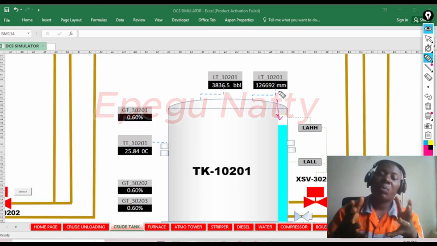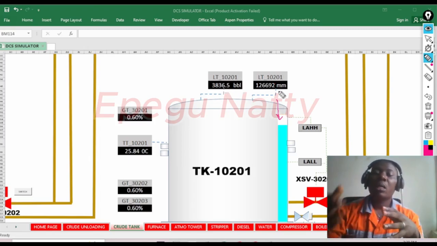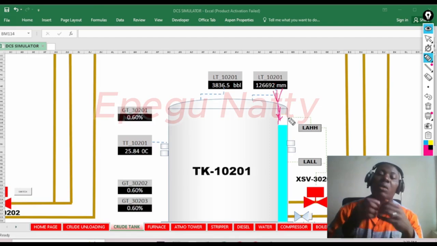The transmitters are going to be recording the level based on what this radio wave, or any kind of transmitter here, is going to be. So that's the sensor. That is number 1.